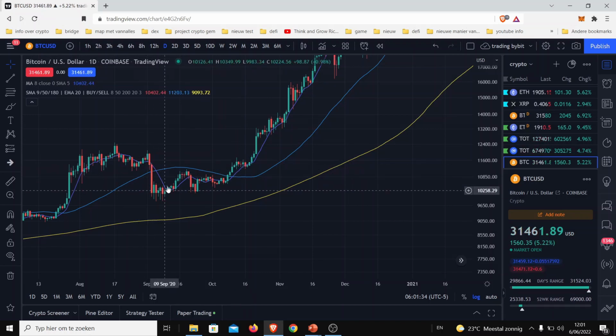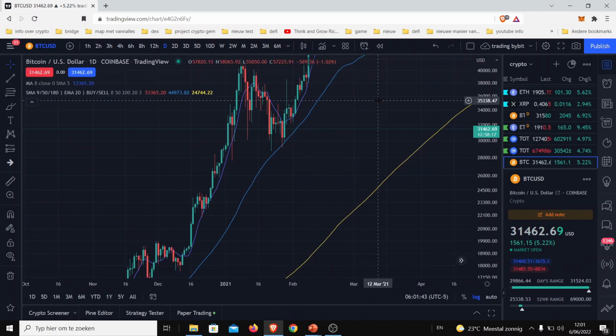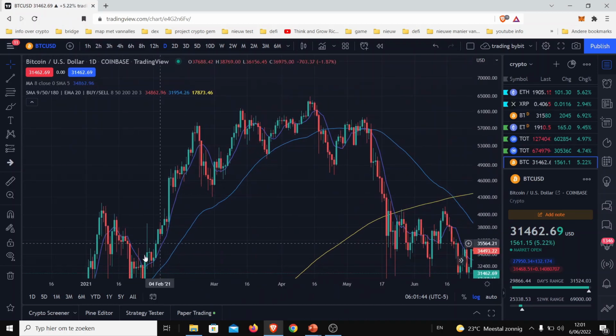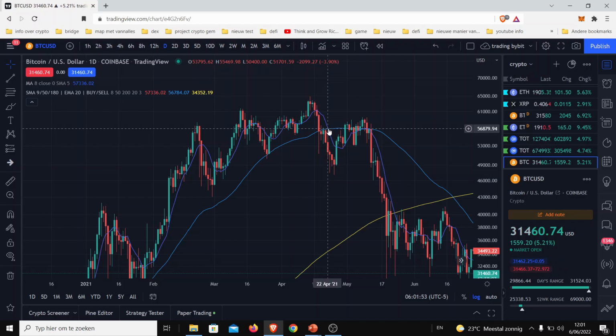Here we went under it, so it was a short position in this one. Here we broke through it and we had a long position starting upwards, and we had a very long time that it did not break through it, so we knew that this was constantly a perfect way of going upwards. Here we broke through a moving average, and what did we do?